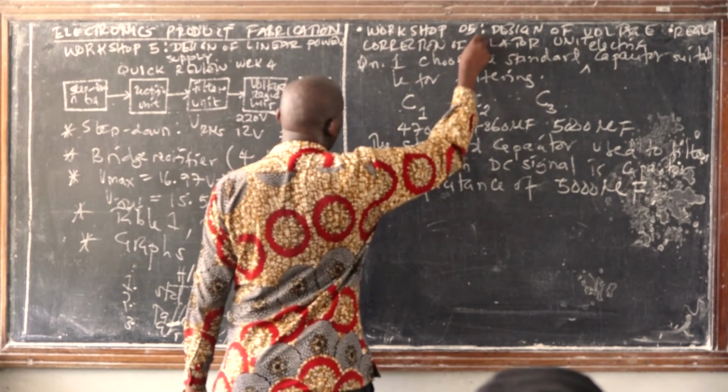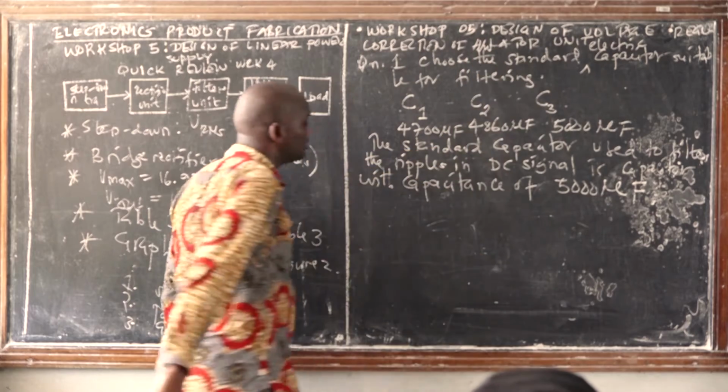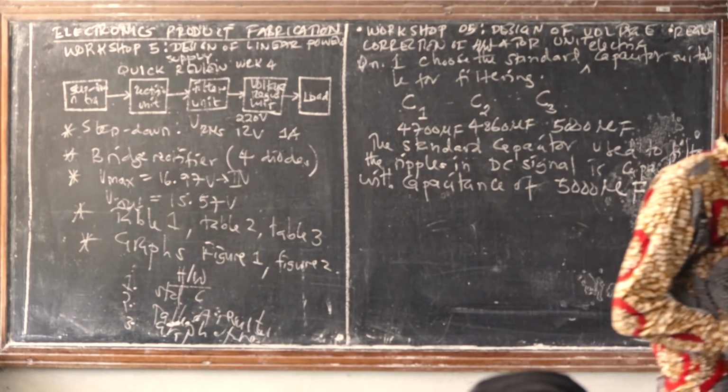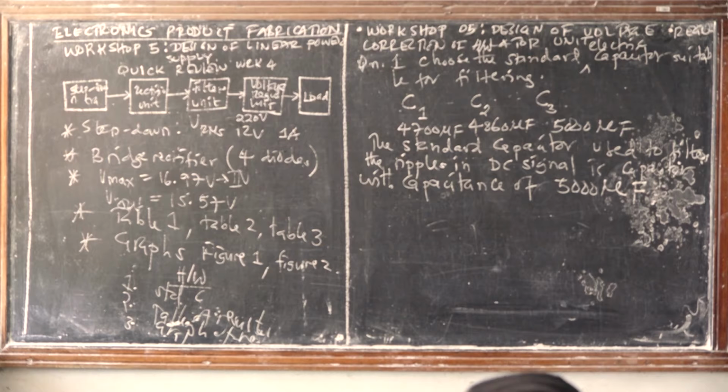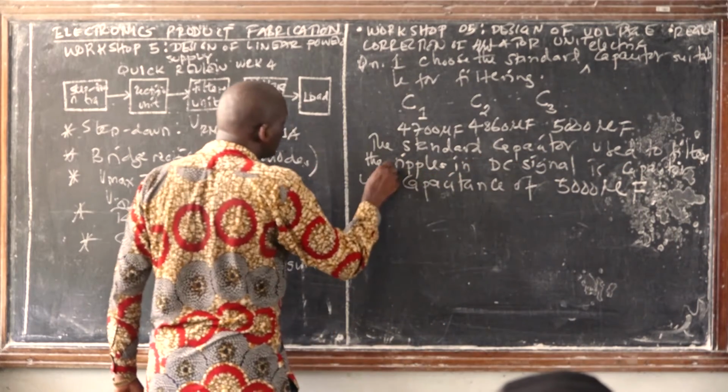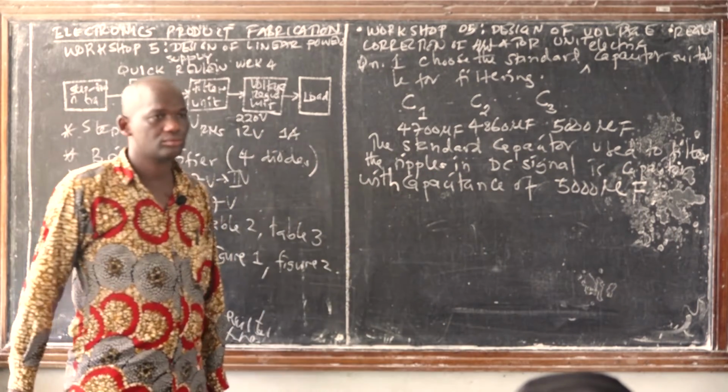Correction of the homework. I told you that capacitors, resistors, and inductors are manufactured based on standard values. They are not manufactured for any value. There is a principle used there to make sure that the available component fits any design you have.